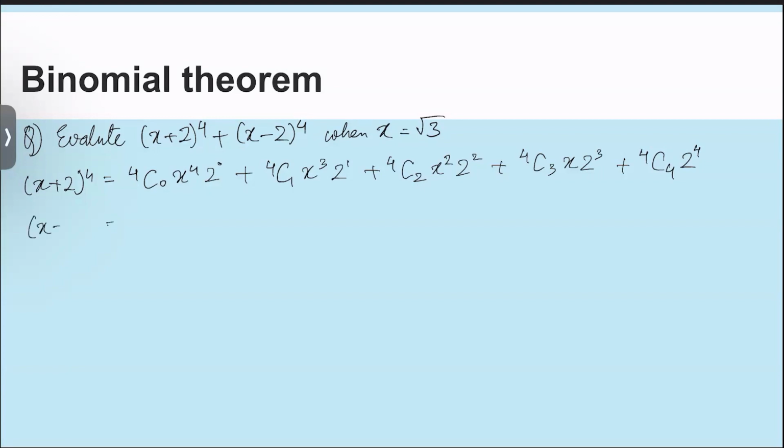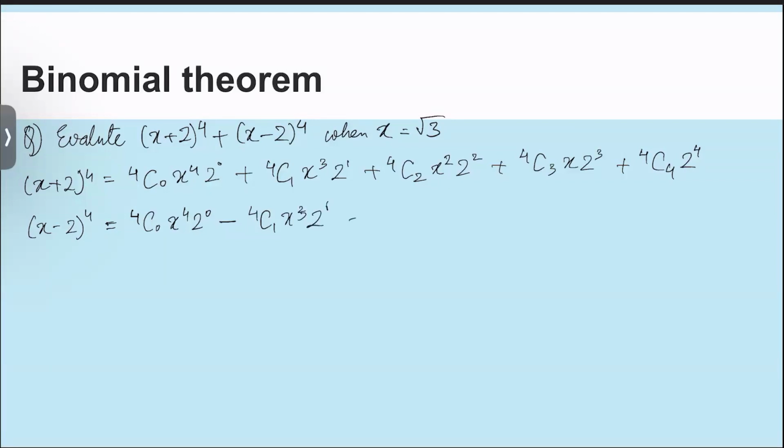Then for (x − 2) the whole raised to 4, you have 4C0 x^4 2^0. Then you have minus, because we have a minus sign, so all the alternate terms would have a negative sign. So you have 4C1 x^3 2^1.